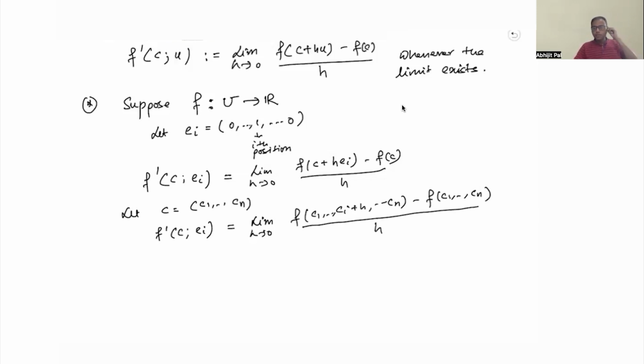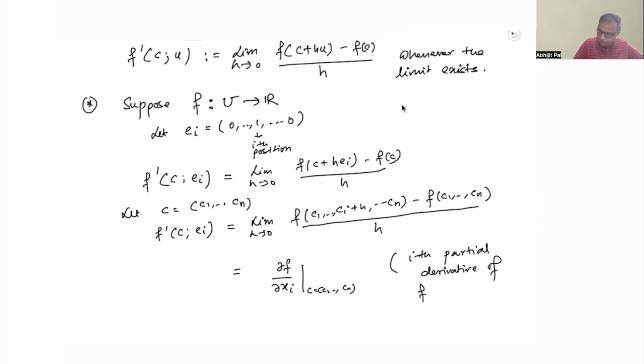This is the ith partial derivative of f, that is, del f del xi evaluated at the point c. So it is the ith partial derivative of this real valued function.